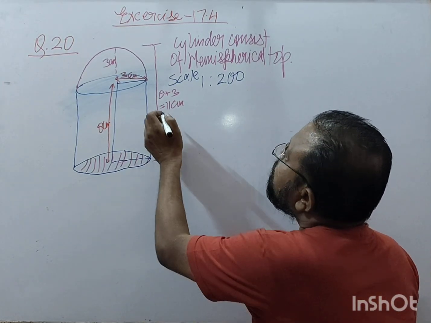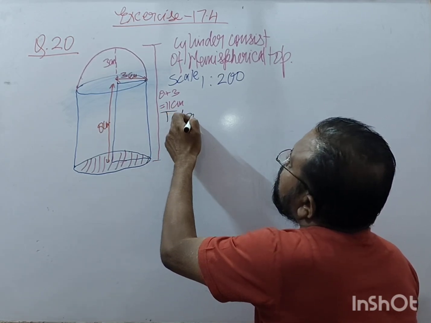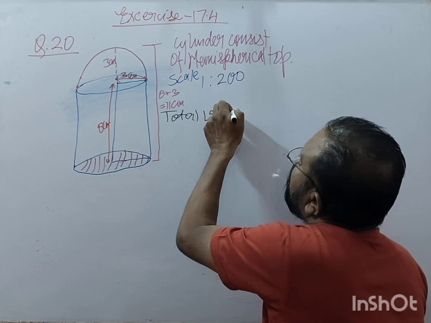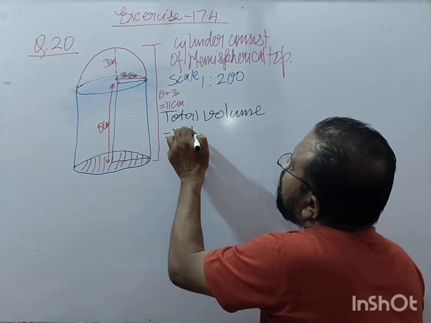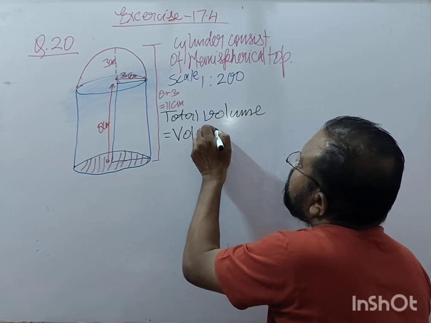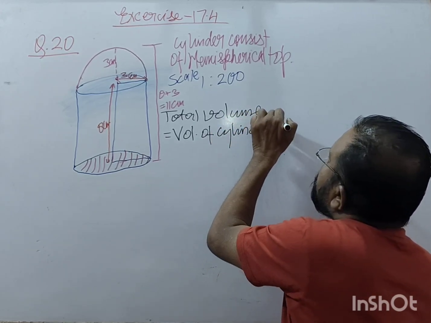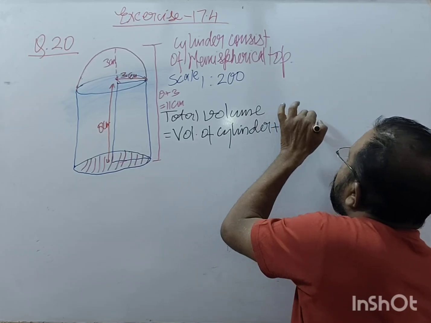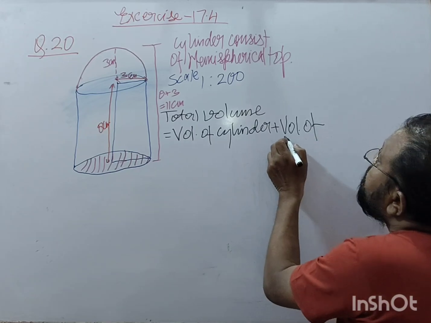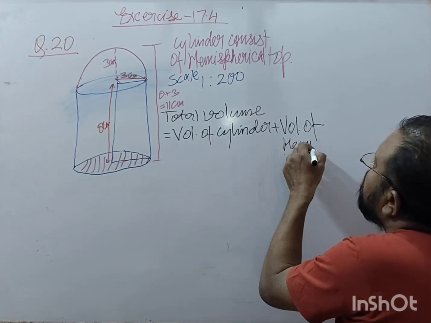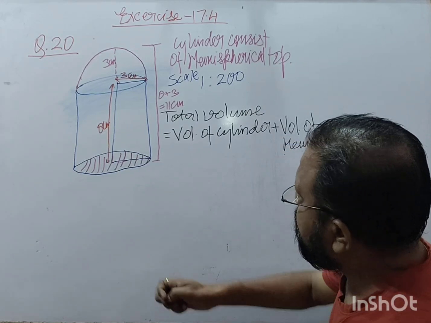Now total volume is equal to volume of cylinder plus volume of hemisphere, right?